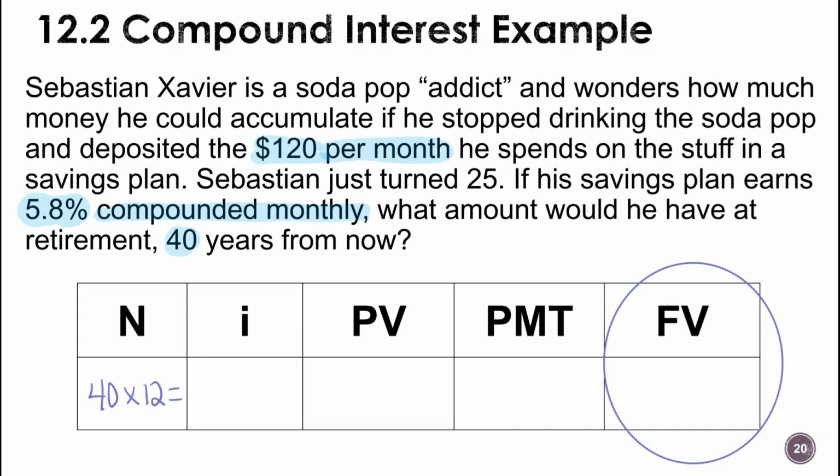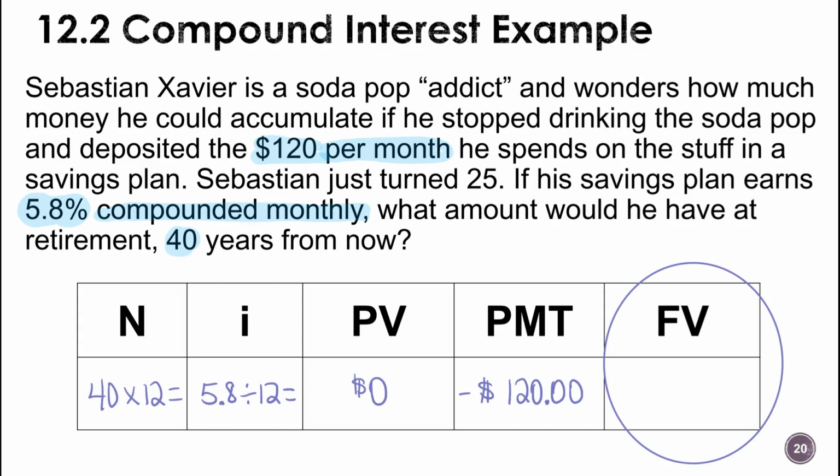And in this case, it's going to be 480. We're going to take 5.8, divide that by 12, push your equals key, 0 here, and our payment is 120. And that's with the decimal places. If you put those on, that's kind of like the proper way.